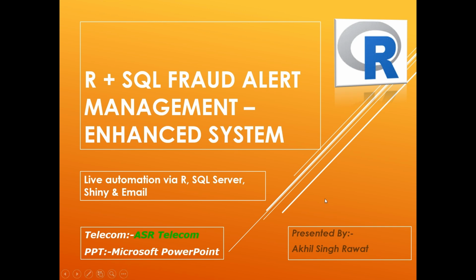As you can see on the screen, this is live automation via R script. We will schedule the script in the Windows Task Scheduler, which is very easy. Then we are using SQL Server. Data will be coming from SQL Server because we have created data tables over there.